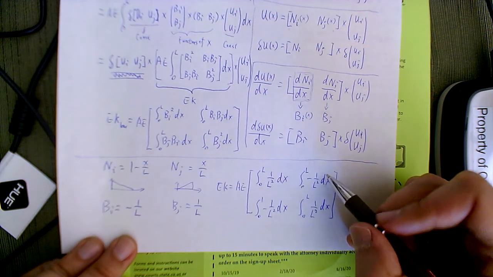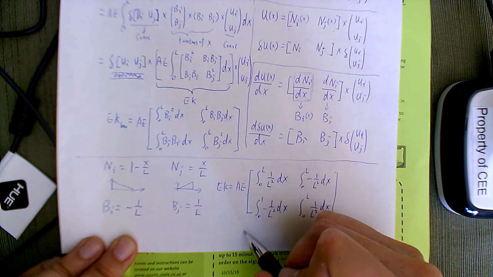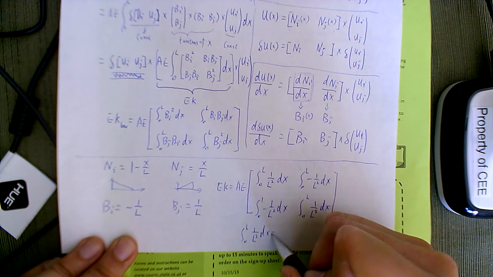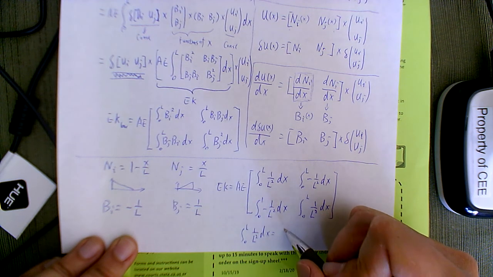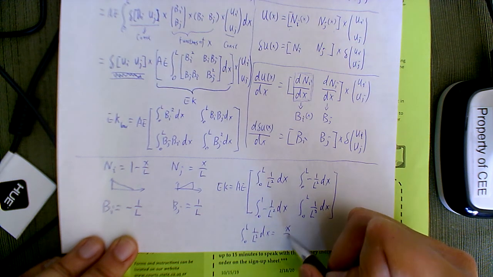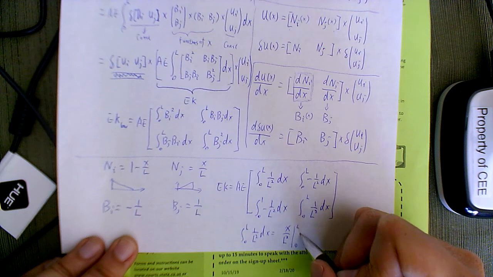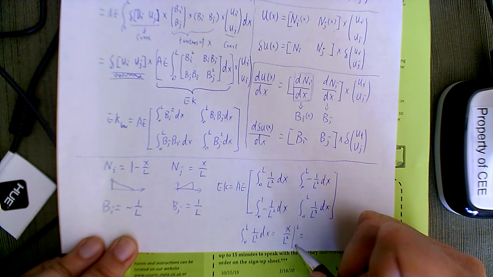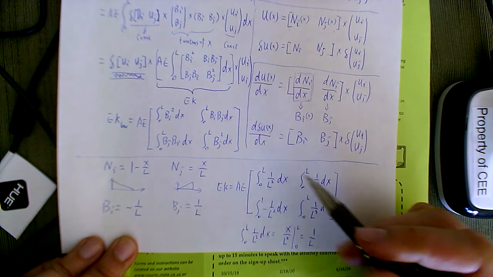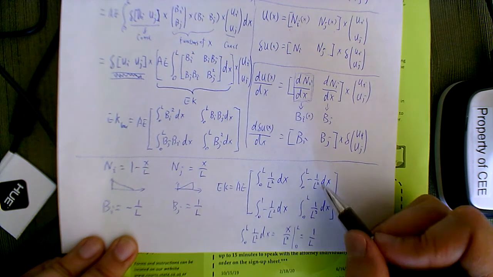If you really do the integral, integrating 1 dx, it becomes x, evaluated between L and 0. You plug in 0, there's nothing. You plug in L, it's L. So it becomes 1 over L, negative 1 over L, negative 1 over L, and 1 over L.